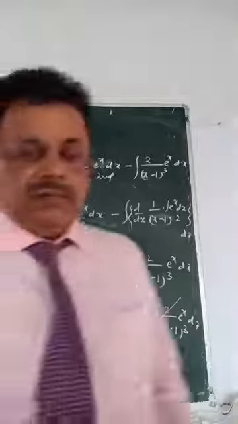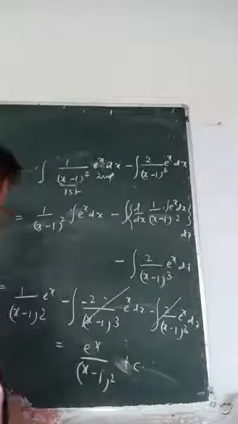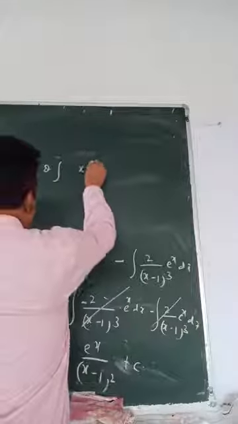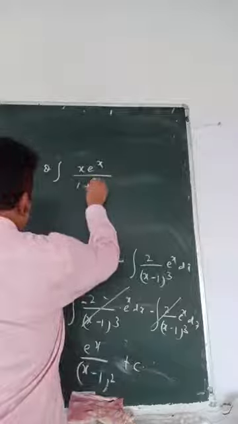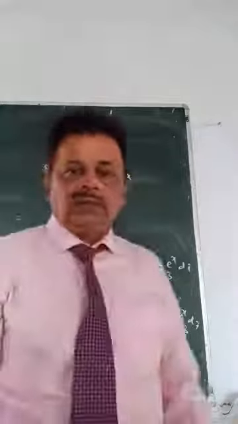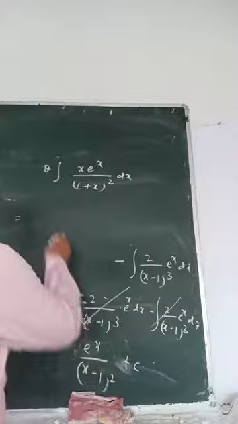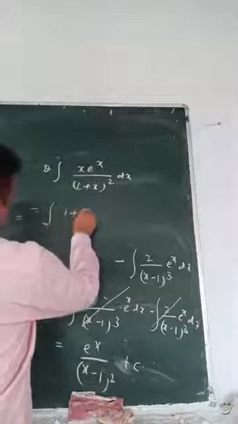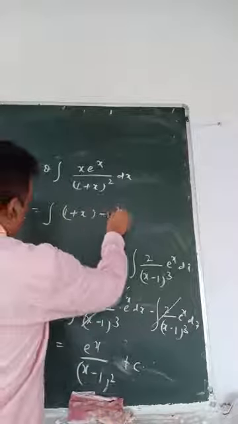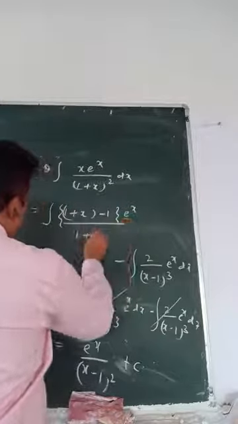Last question on this, I am trying to give the hints, you will try to solve. Suppose you got a question: x e to the power x by 1 plus x whole square. I told you you have to create the derivative part. So 1 plus x means you have to create the 1 plus x. 1 plus x minus 1 e to the power x by 1 plus x whole square.